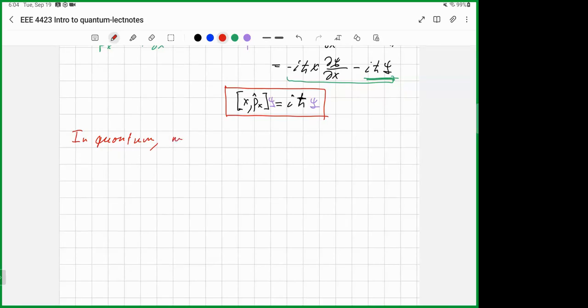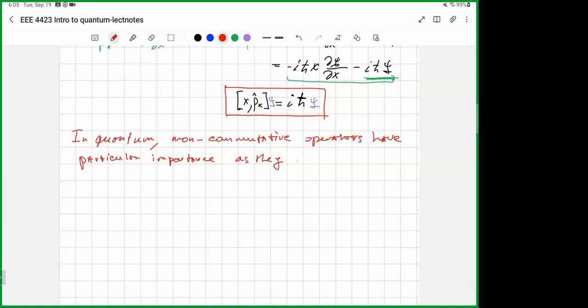So in quantum, non-commutative operators have particular importance as they indicate pairs of observables that cannot be precisely measured simultaneously.